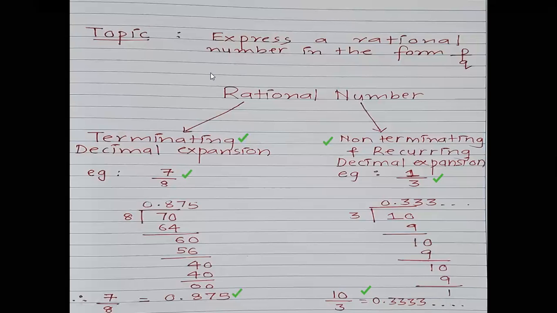Hence, it is termed as a non-terminating decimal expansion. You'll also observe that the number gets repeated. Yes, it does not terminate, but it also gets repeated. Hence, it would be said that it is non-terminating as well as recurring. I hope you have clearly understood that the rational numbers could be of two types, the terminating decimal expansion as well as a non-terminating and recurring decimal expansion.